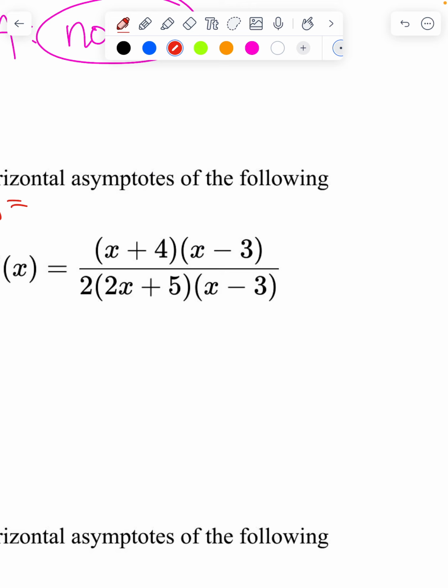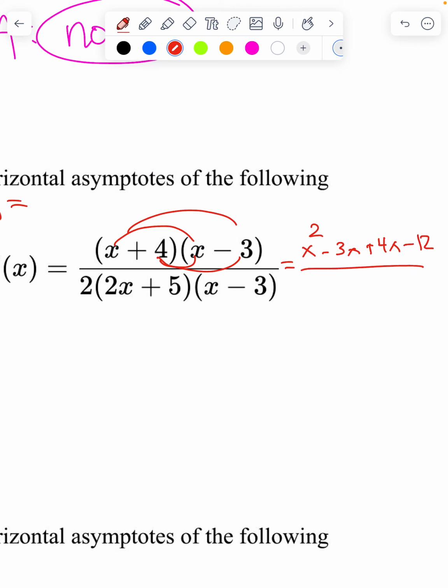So if I multiply the top out, I'm going to take it from being factored and turn it into the standard form. This will be x times x gives you x squared. Then I'll have x times negative 3, which is negative 3x. 4 times x is 4x. And then 4 times negative 3 is negative 12.